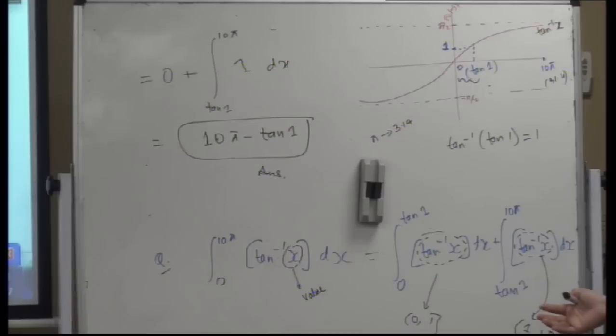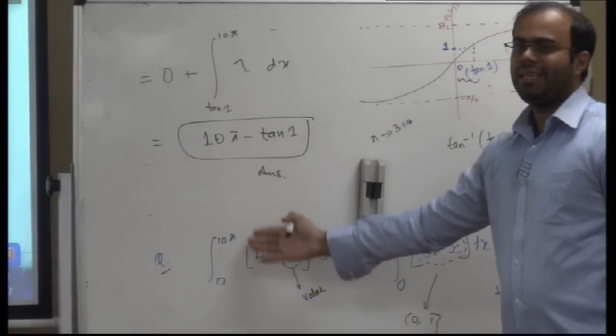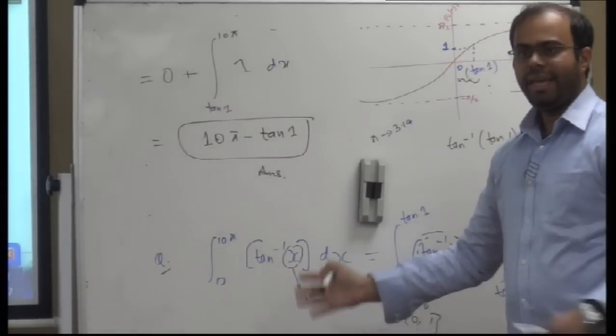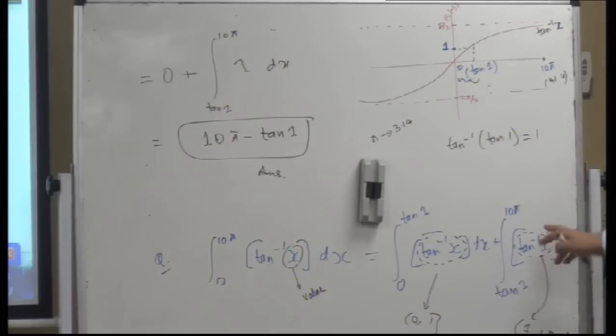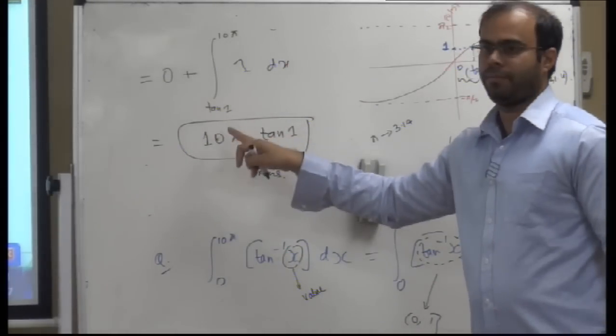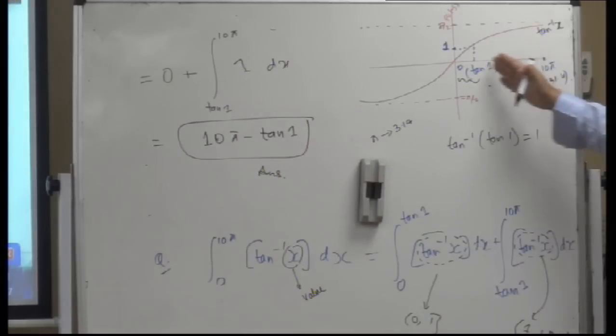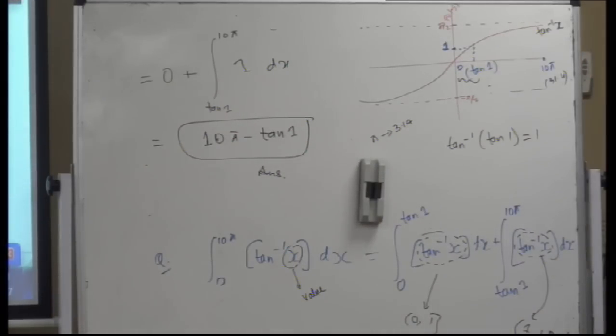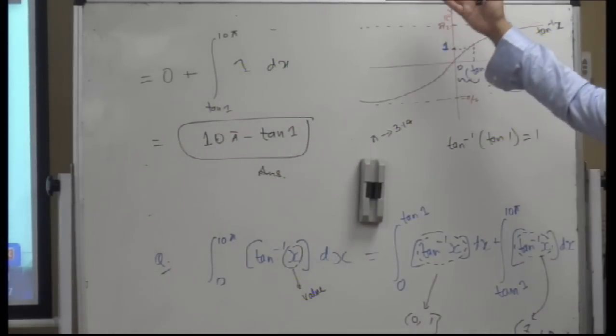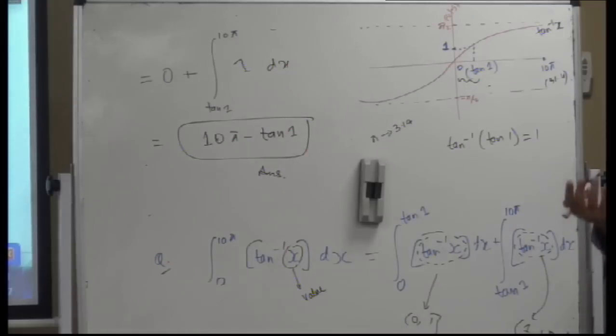Instead of 10 pi, you could have taken 20 pi, 1000 pi, 2000 pi, any value. You could have got the same answer, because even if you go till infinity, this is not crossing 1.57. So its greatest integer is anyhow 1.